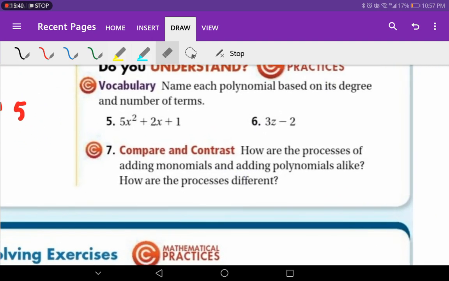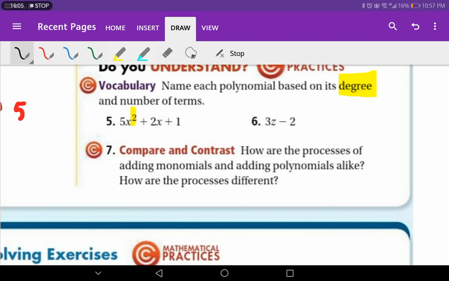Name each polynomial based on its degree and number of terms. Actually, we can name the polynomial based on two things. The first one is based on degree. Based on degree, we take the highest degree, which is 2 here. So we say it is quadratic.